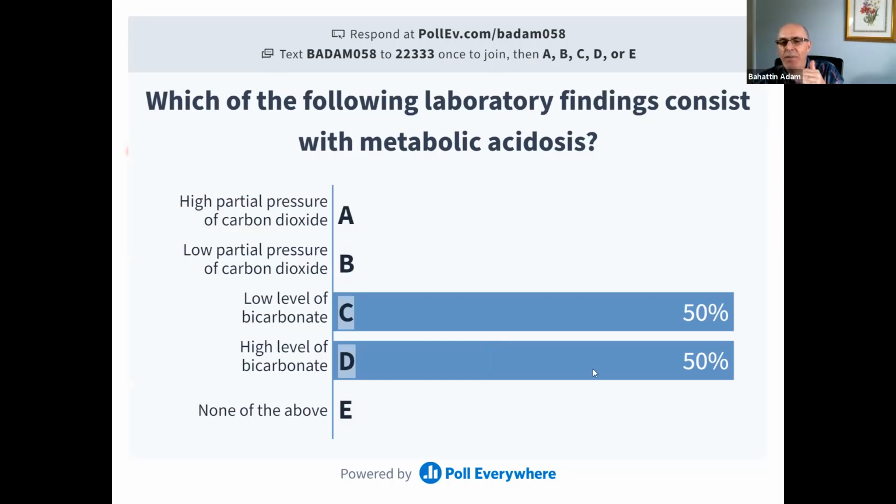If you have a low level of bicarbonate, you have acidosis, because bicarbonate is alkaline. You decrease bicarbonate and you cause acidosis.